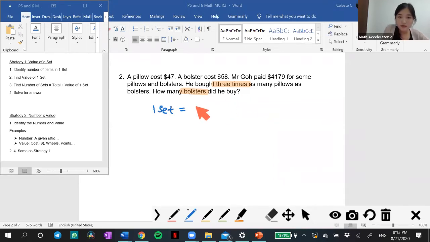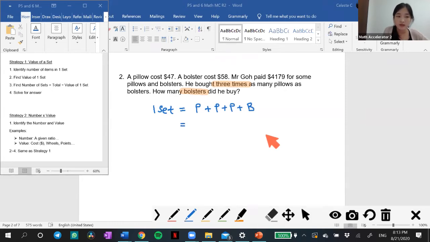Yeah, okay, so you have 3 times as many pillows. So bolster you only have 1, pillows you have 3.